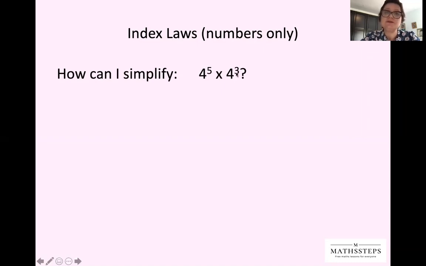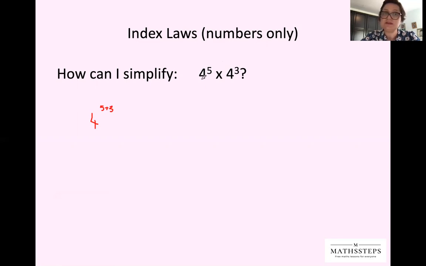So the answer to this one is going to be 4 to the power of 5 plus 3. So remember, you must add the powers when you multiply numbers that have different indices.